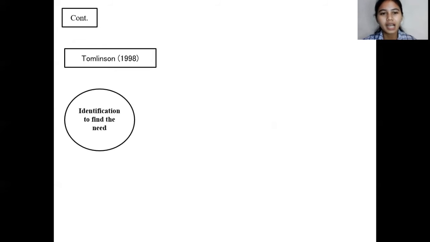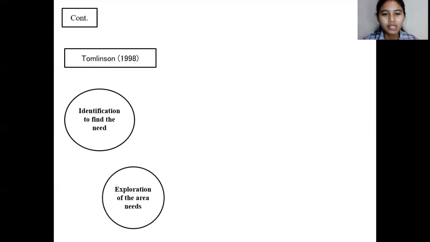The first one is identification, to find a need. Of course, it is like doing a needs analysis. So the teacher finds the needs of the learners and then identifies what should be in the material and what should be out of the material, so the development of the material can be good.